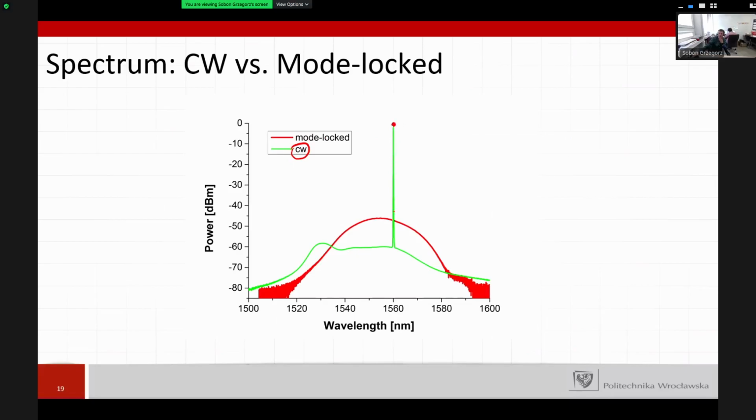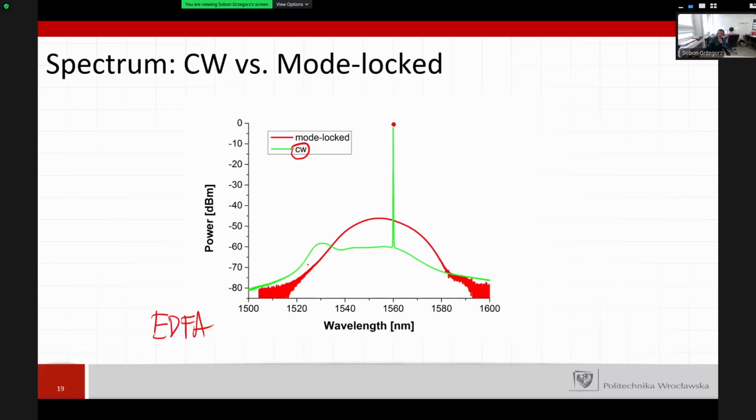So we see on the green image, we have one pronounced peak sitting on some kind of background resulting from the noise. Those who already had the exercise with the erbium doped fiber amplifier should recognize this shape of this noise because you measure it in the laboratory.